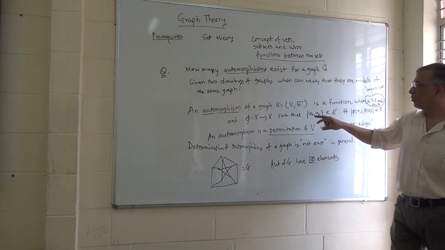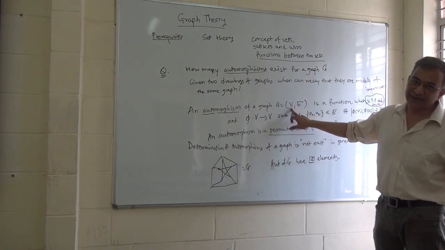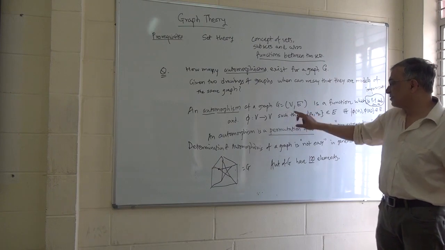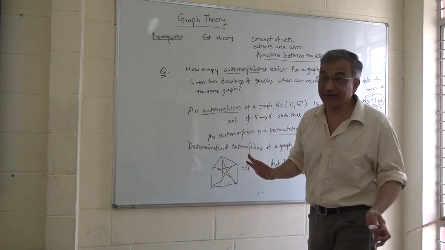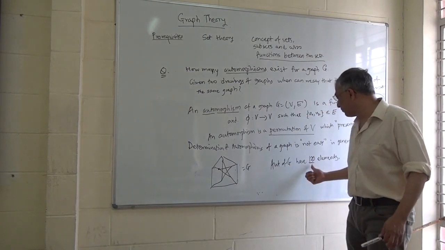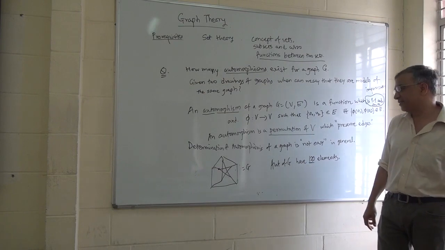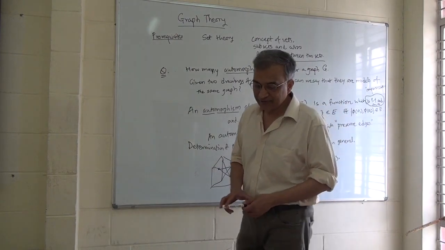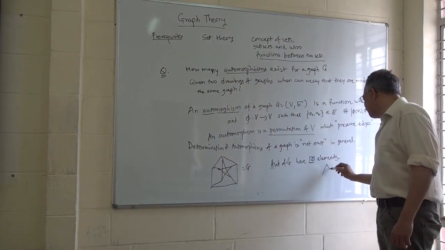Some of you may know that the number of permutations of V is n factorial if the number of points in V is n. So therefore we know that the number of automorphisms is some finite number, it's not going to be infinite. But exactly determining what number it is is not very easy in general. You can find out for yourself, for fun, what is the automorphism group, let's say, of a triangle.